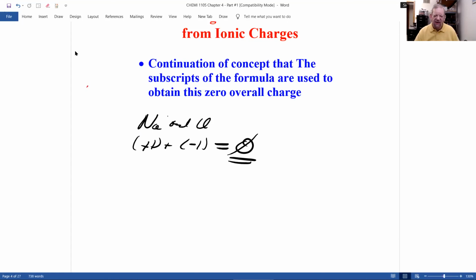Therefore, we have 1 sodium, 1 chlorine, and it adds up to 0, and that tells us sodium chloride is always NaCl. Why not Na2Cl1, 1 chloride? Well, if you had 2 and each sodium has a +1 charge and each chloride had a -1, would that add up to 0? No. So that's why you're never going to have 2 sodium, only 1. Let's look at another one.